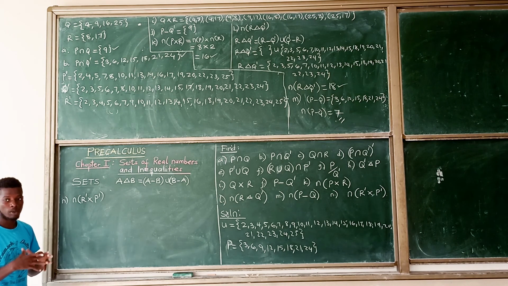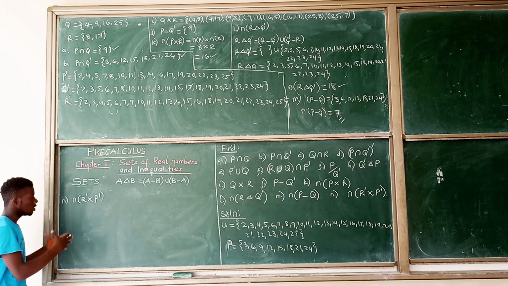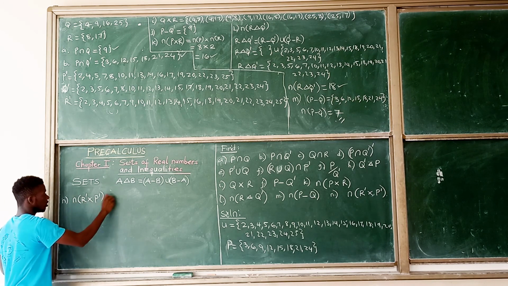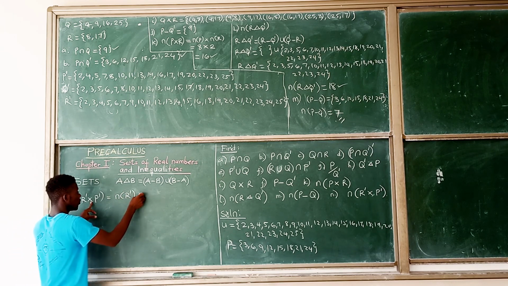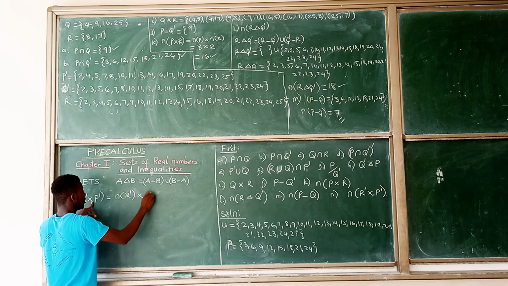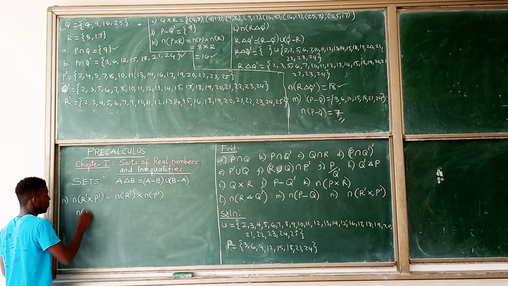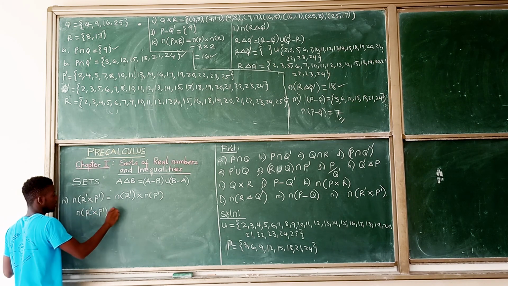Again, to find the number of elements in this set, we simply multiply the number of elements in each set. So this will be equal to the number of elements in R complement multiplied by the number of elements in P complement.